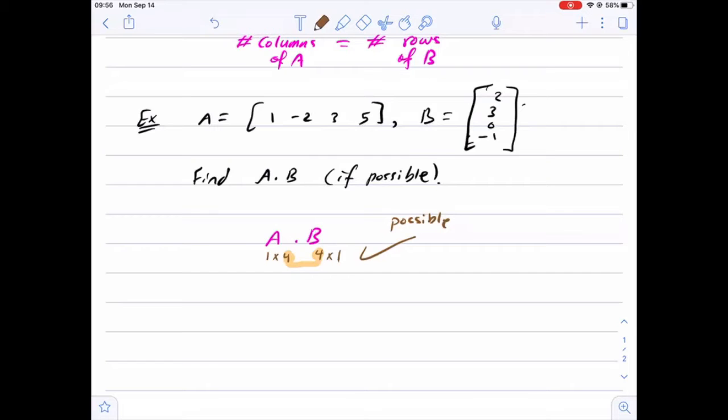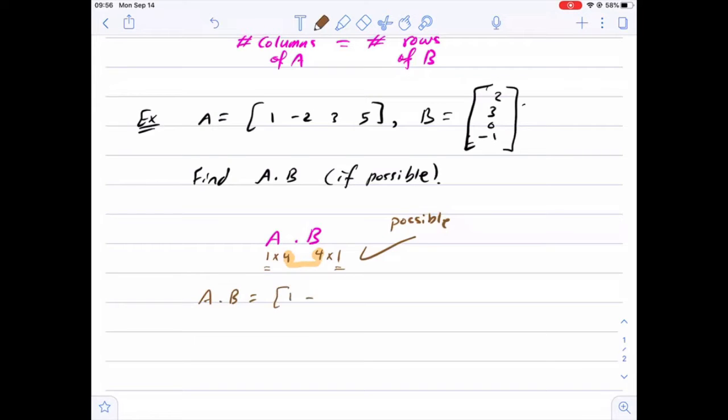Now how to multiply matrices. The resulting matrix will have order 1 by 1. I mean just one element, one entry, 1 row and 1 column. So how to find that? The multiplication of matrices can be done this way.